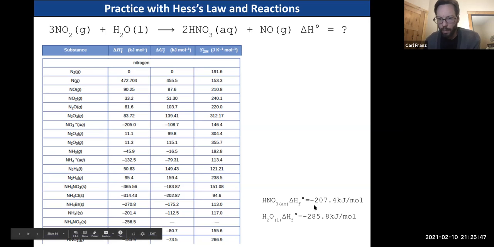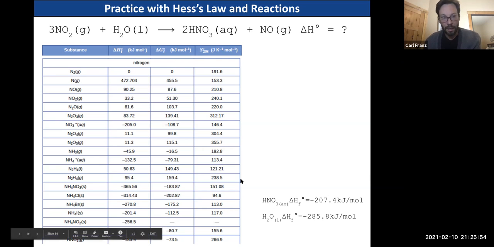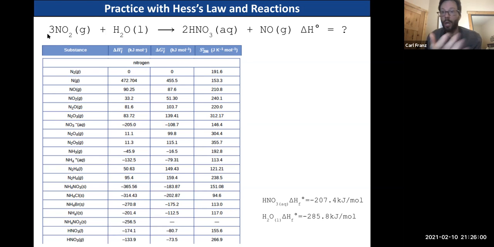So if you remember, I added them here, which you can then use to multiply by their respective moles, which are the coefficients in the reaction. So again, if there's no coefficient, it's just one, you don't multiply it. But the 3 and the 2, you're going to multiply those by the respective enthalpy values in this table.